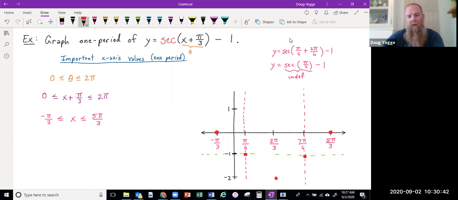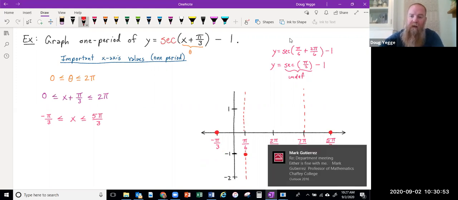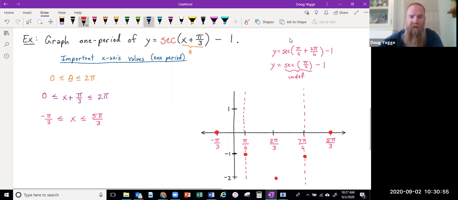Now you can delete that midline, because sometimes it looks like it's an asymptote, so I really want to make sure that we see it's not an asymptote, it's just there to help us to graph. And now we're ready to graph the rest of our function.